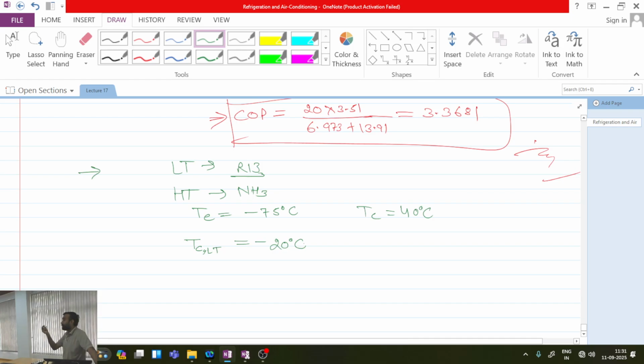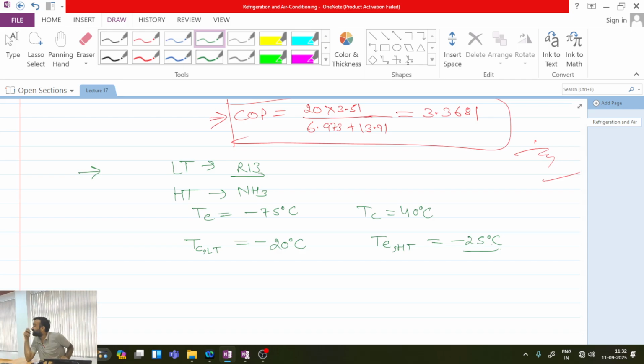What should be the evaporator temperature of HT? Should it be more than this or less than this? Less than this. Then only it will be able to transfer the heat. So this is minus 25 degrees Celsius. So the evaporator temperature of HT is minus 25 degrees Celsius, meaning the ammonia side temperature is this.